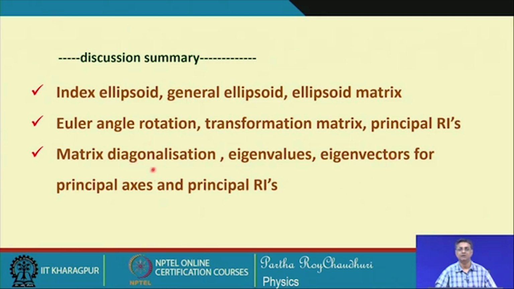We have seen that by using Euler angle rotation we get the principal refractive indices, and we also find the transformation matrix. By matrix diagonalization we also found the same three principal refractive indices, and these three eigenvectors were combined together to get the transformation matrix.